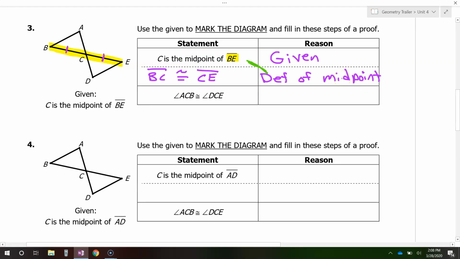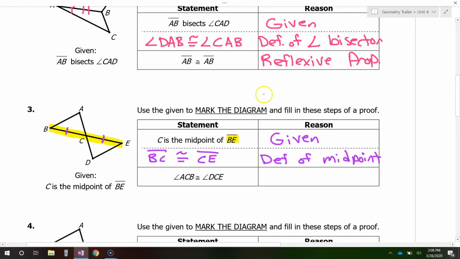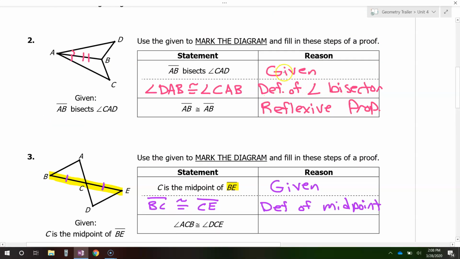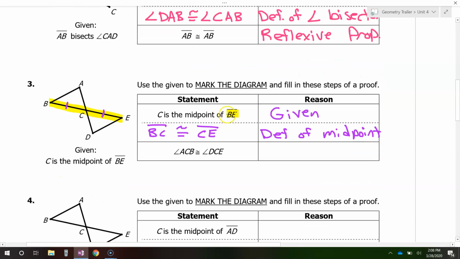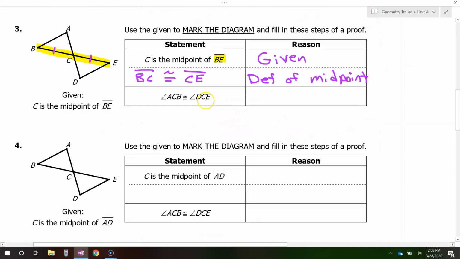All right, let's look at the last problem that we just did. Look at these two right here. If it says bisector, it's probably going to be definition of bisector. All right, so just look at the link between these two. All right, anyway, back to problem number 3.